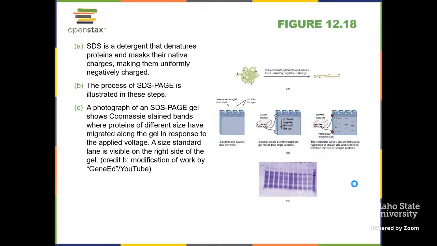All right, so we separate based off of size, but we use charge to really pull them through there. All right, and we can see some variation as we move through, right? Lots of individual bands, all right? We also have opportunities with Western blotting to transfer this to a membrane and then probing it with antibodies that would be specific for individual proteins.